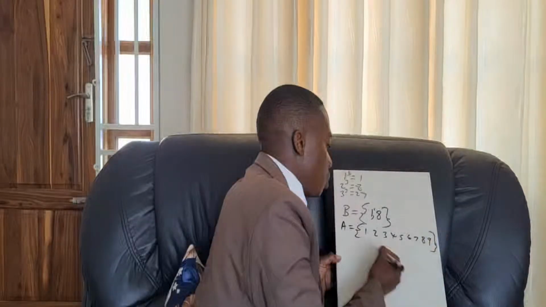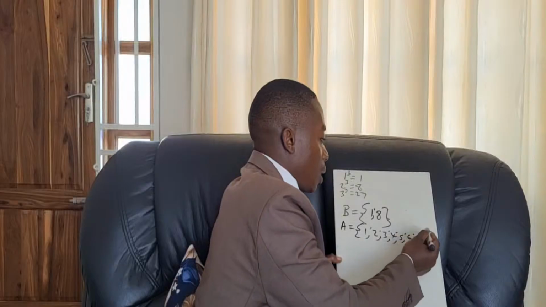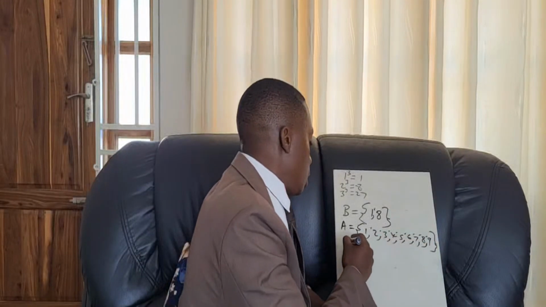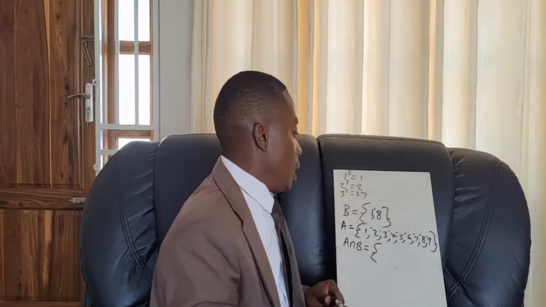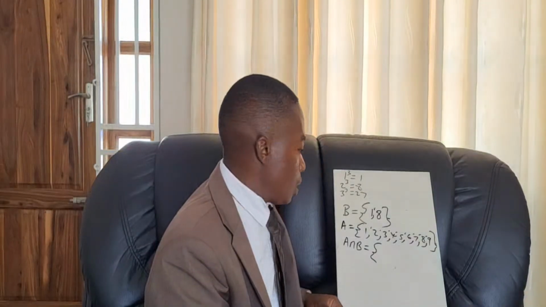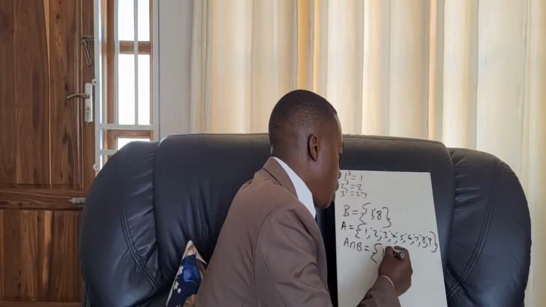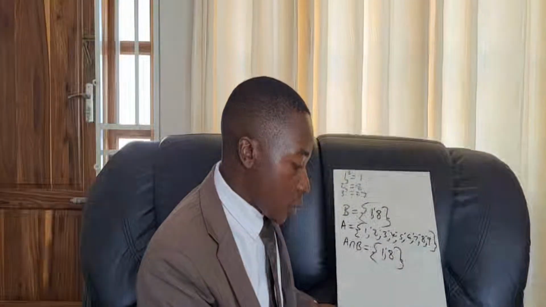So A intersection B means those elements that we can find in A and in B at the same time. 1 and 8. That's A intersection B.